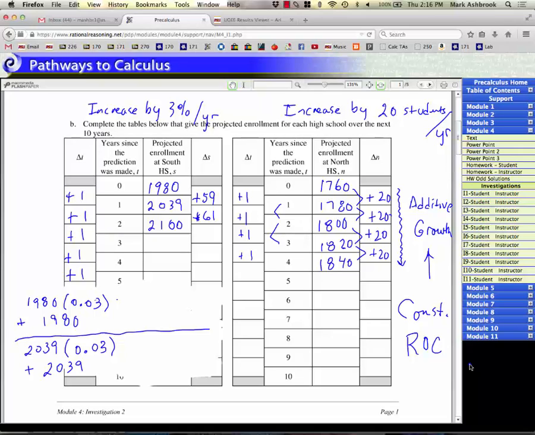We didn't really say that before, but this idea that you always change by the same amount means additive growth. Do we have additive growth at South High School? No, because this is what's happening to that number of new enrollees. Increasing. What's the next? Plus 59, plus 61, then what? 63, 65, 67.